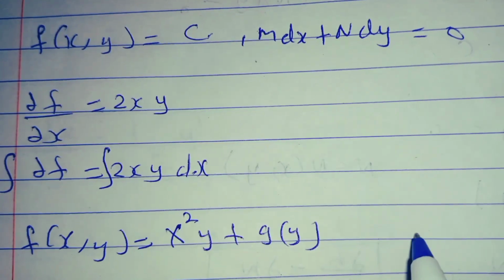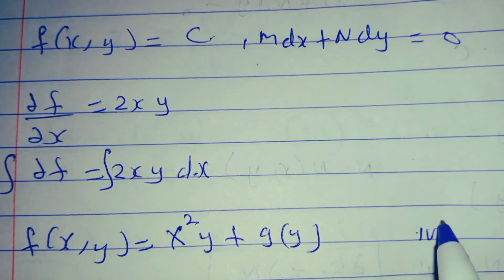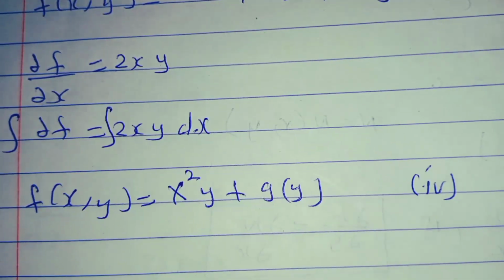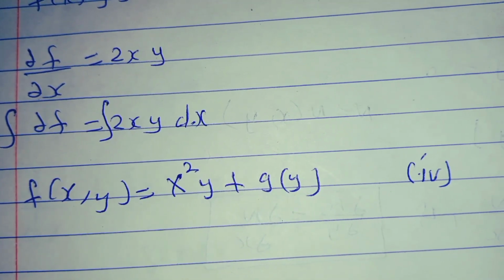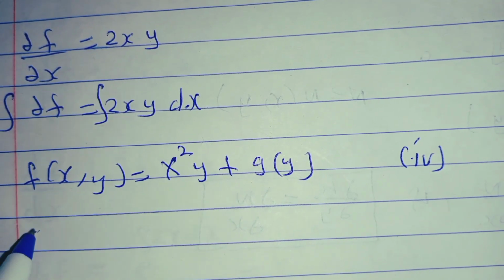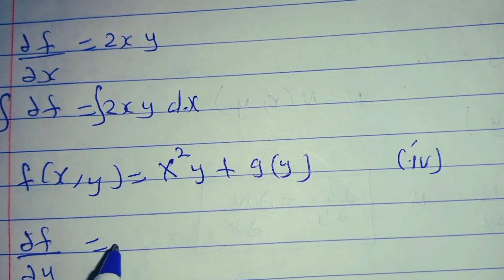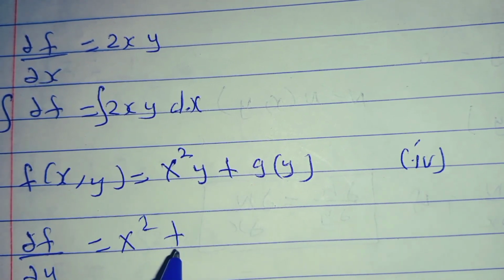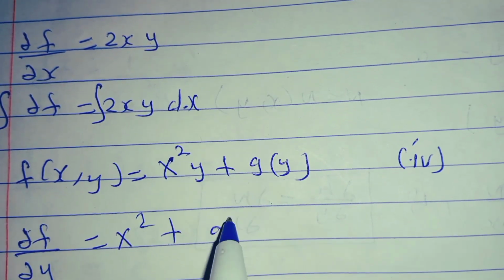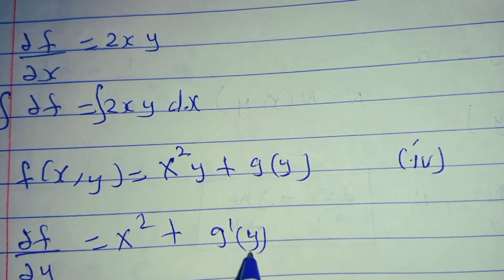You call this equation 4. Then from equation 4, we get df over dy, which will give us x squared plus the derivative of the function of y.